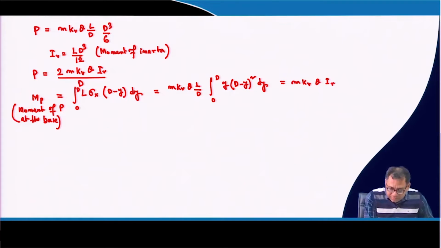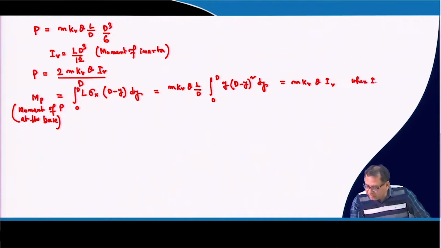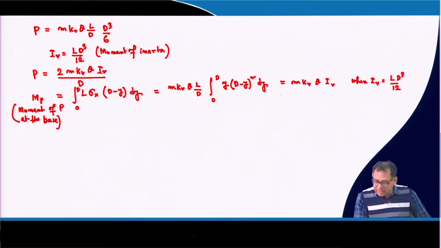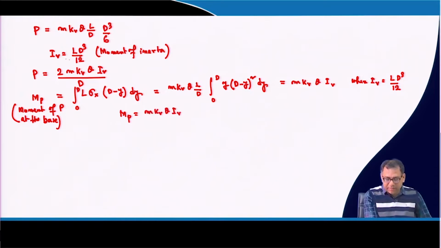Here also it will be I v, because later on I will use one I r part. Where I v is equal to L d cube divided by 12. So, this is the expression of M p. That means M p is equal to m k v theta I v, and the I v expression I have given.